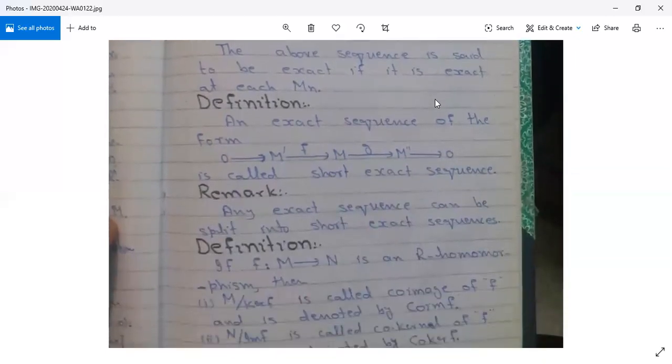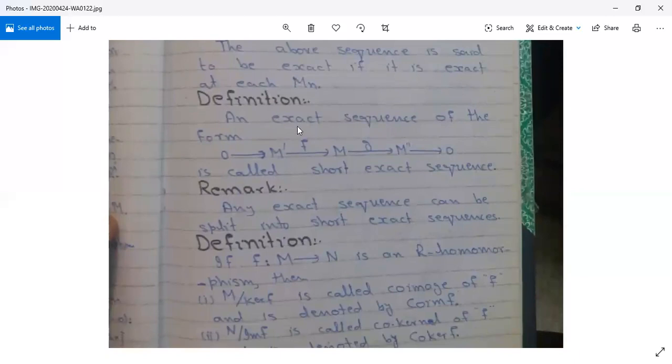After this, we have revised another definition. An exact sequence of the form O to M dash, M, M double dash, and back to O: we define a function F from M dash to M, and G defines another function from M to M double dash, and M double dash approaches O again. This is called a short exact sequence. A short exact sequence basically contains four modules: O, M dash, M, and M double dash.